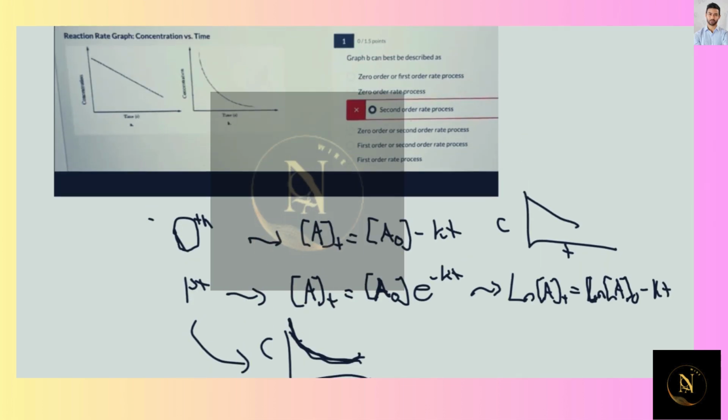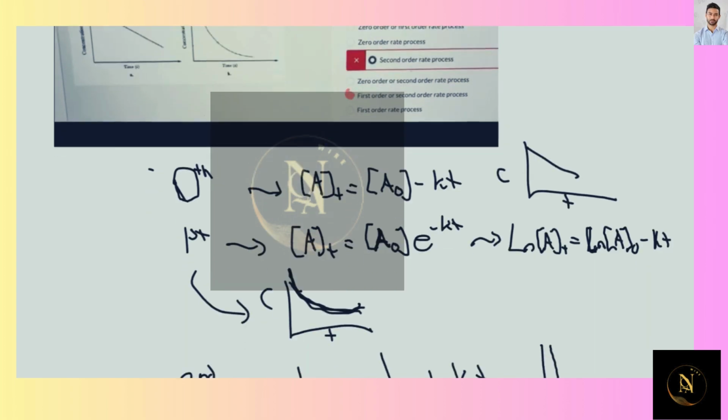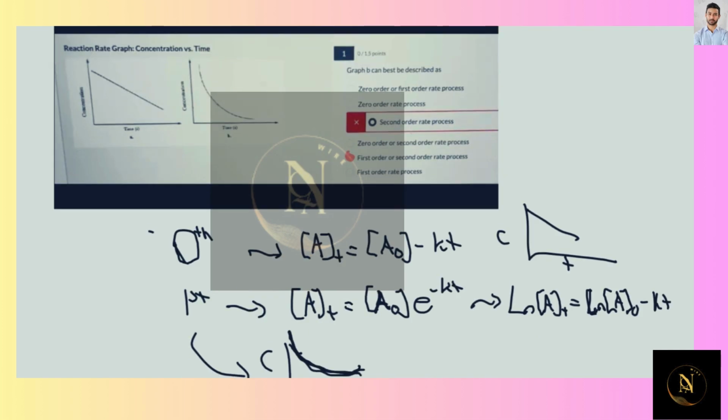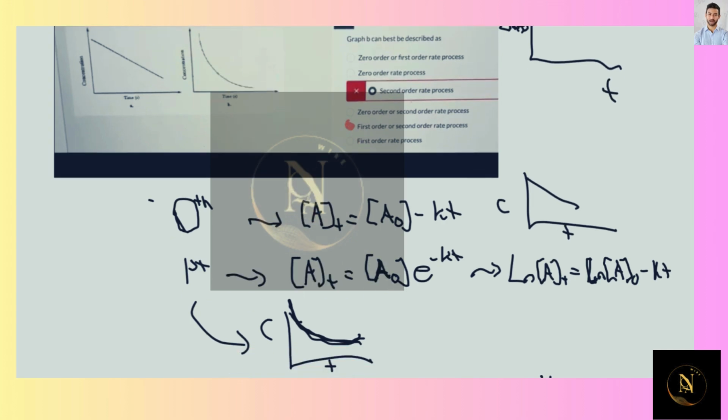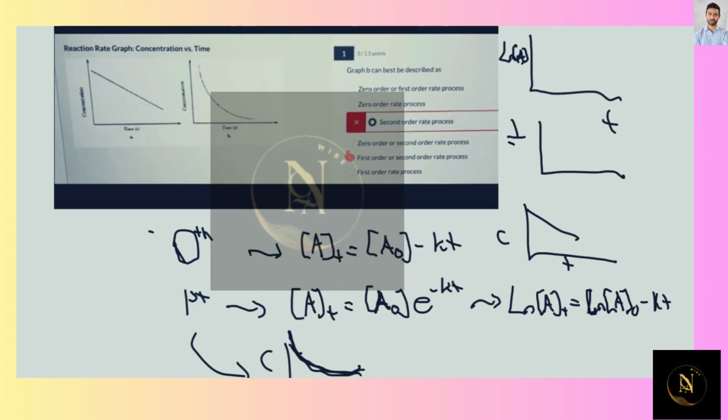So in this case, without having any extra information, this could correspond to a first or a second order rate process. In order to differentiate them, we would need to have the graph of the logarithm of the concentration versus time and the graph corresponding to 1 over concentration over time.